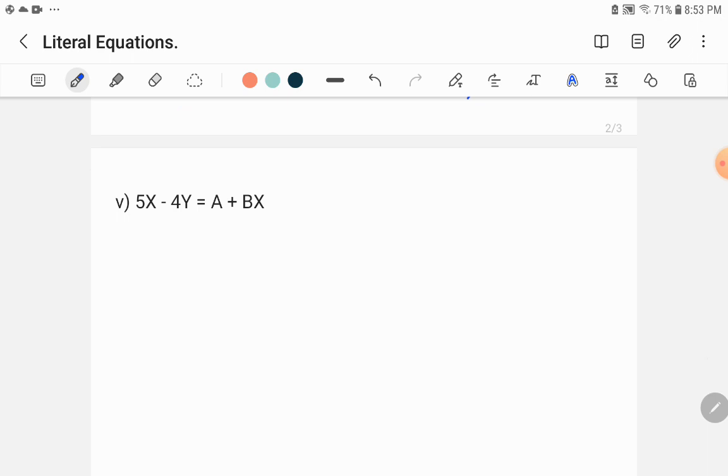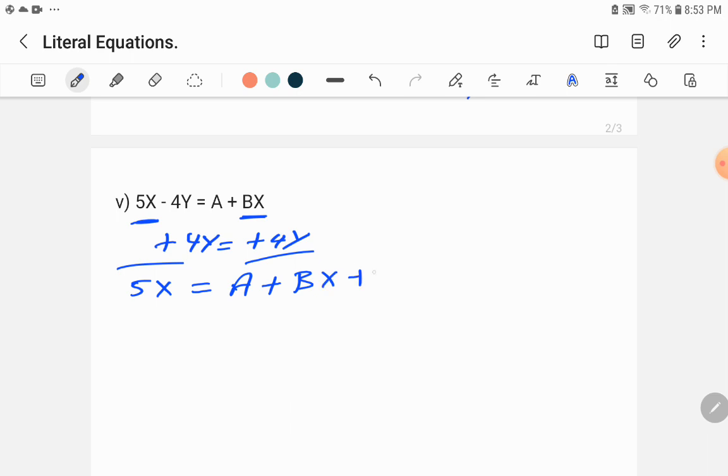So here on this side we have 5x, and here we have bx. So what we're going to do is group the x's together on the same side. So I'll just add 4y. So here I'll have 5x is equal to a plus bx plus 4y.